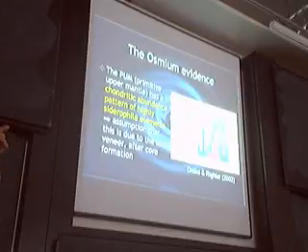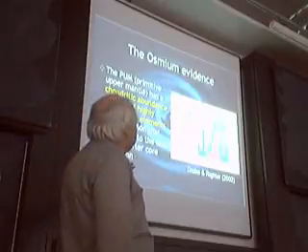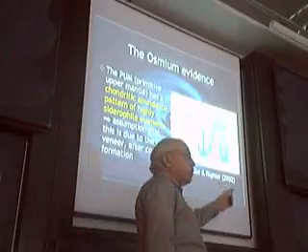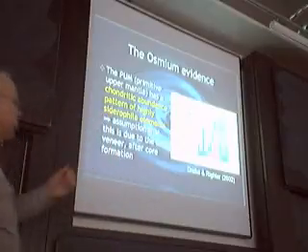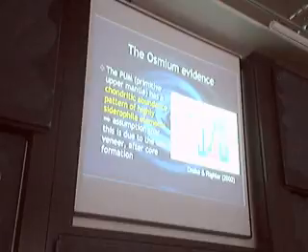And then you can use this osmium isotope ratio, because one of these osmium isotopes is a daughter product of rhenium, which is another highly siderophile element. And the initial abundances of rhenium versus osmium will determine which ratio you have.